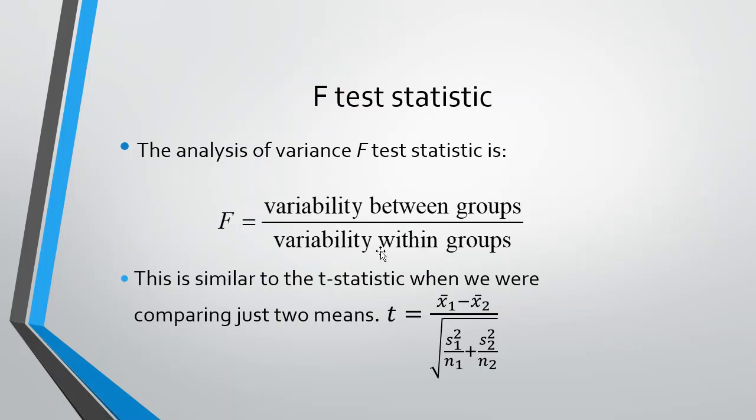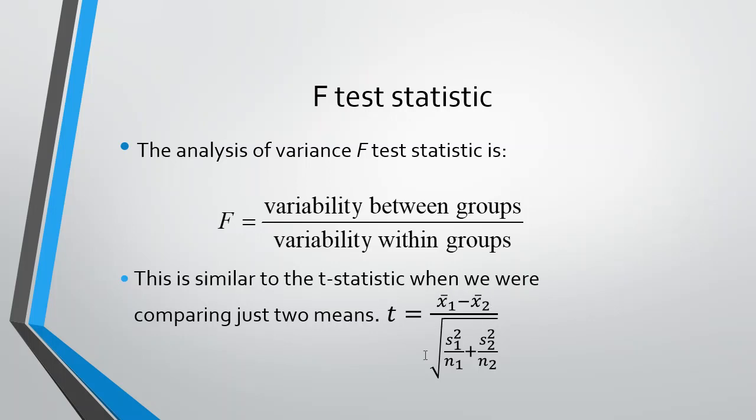But the idea of what the F statistic is, it looks at the variability between groups and divides by the variability within groups. And you'll remember the T statistic from when we did two means. We subtracted the two means. Well, that would be the variation between groups. How much was group 1's mean different than group 2's mean?